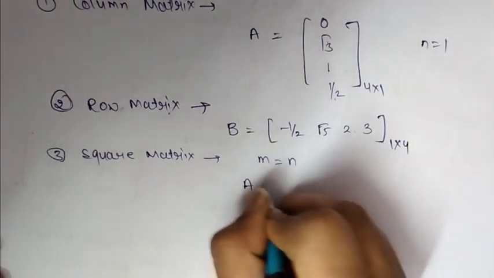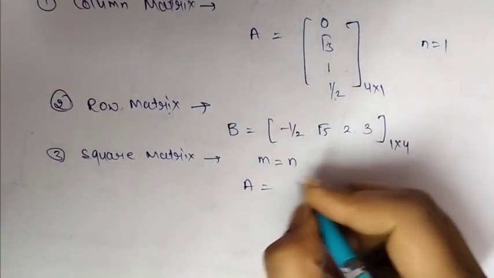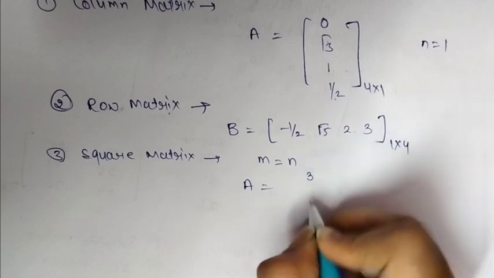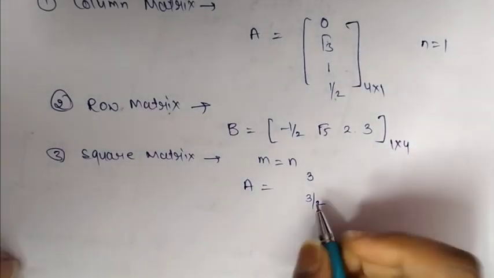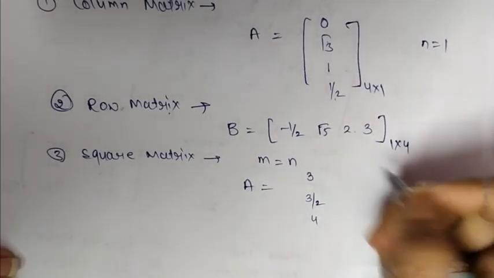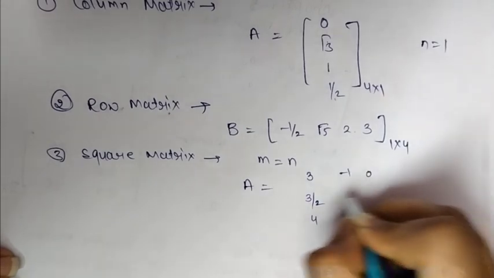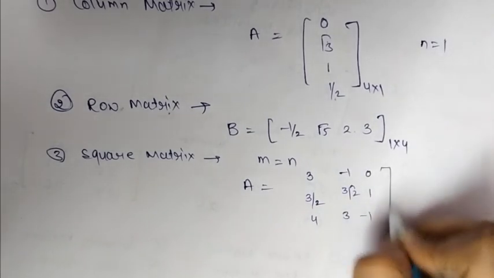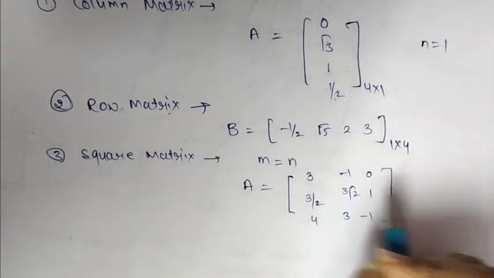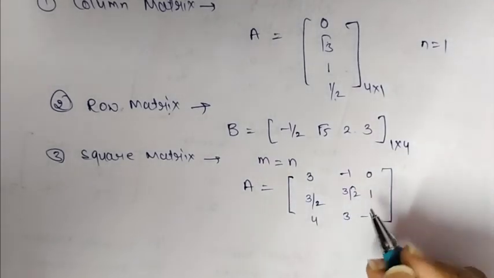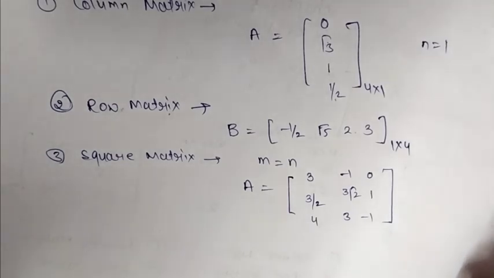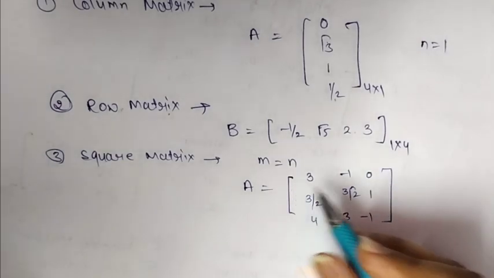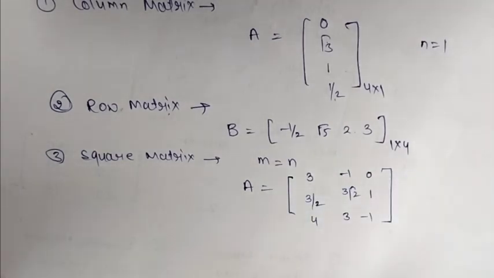Here I am showing you an example of a square matrix: A can be represented by 3, 3 by 2, any element we can take, 4, and here we have -1, 0, 3, root 2, 1, 3 and -1. Here you can see in this example there are a total of 3 rows and 3 columns. So here we have m equal to n. So this is a square matrix.